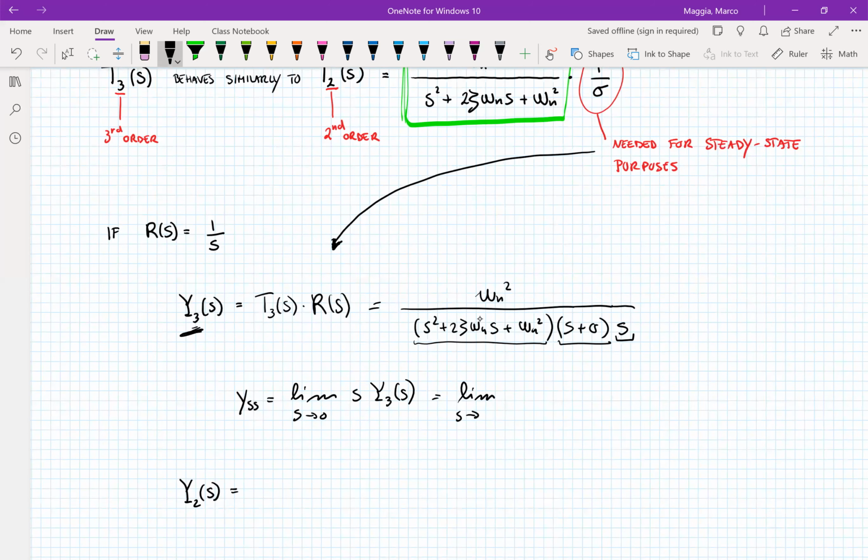So limit for s that goes to 0 of s times Y3. All right, so if s goes to 0, this goes away, this goes away, this goes away. And so your steady state value is 1 over sigma.